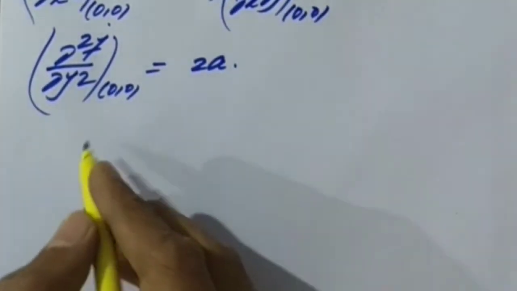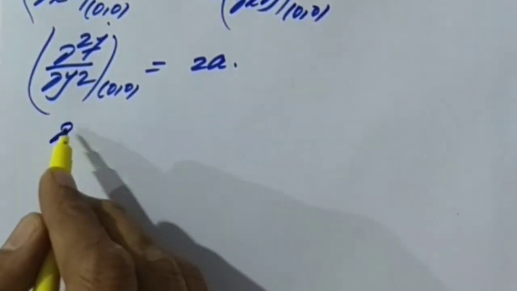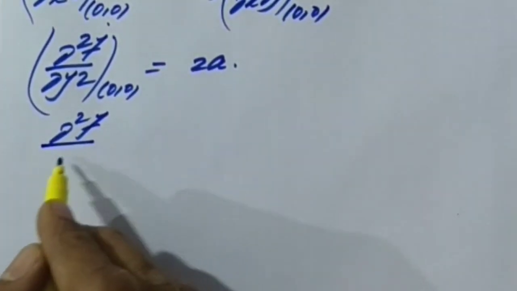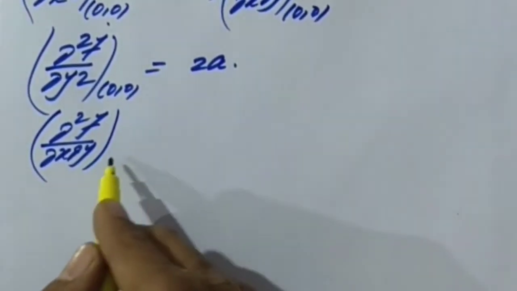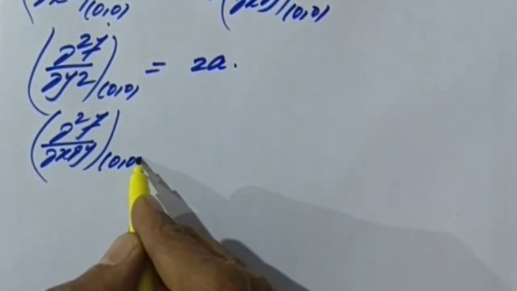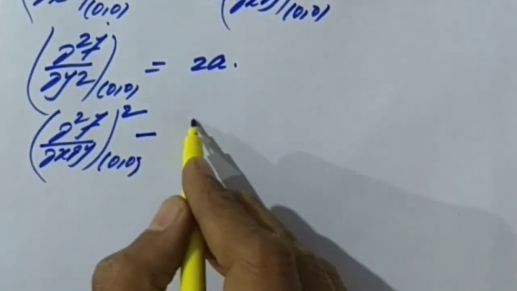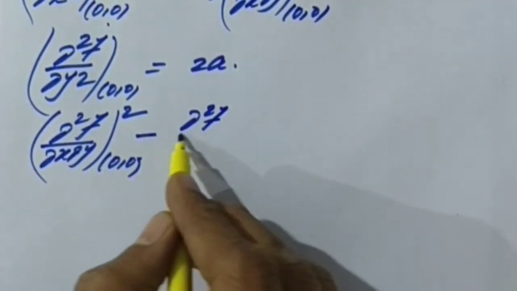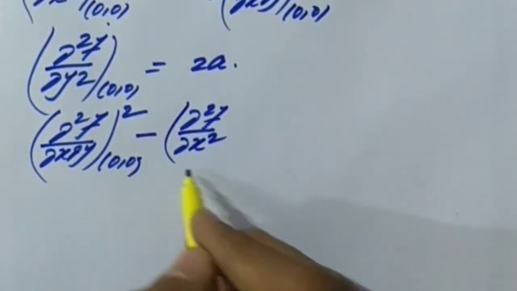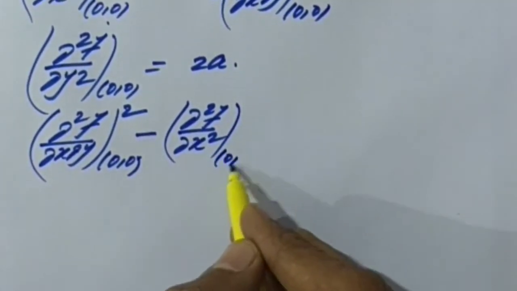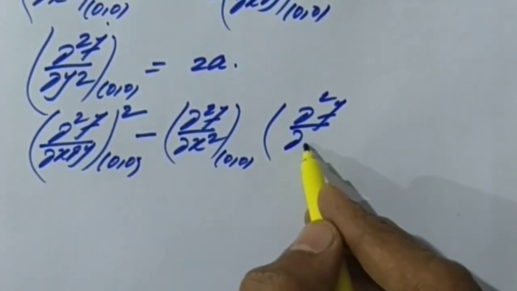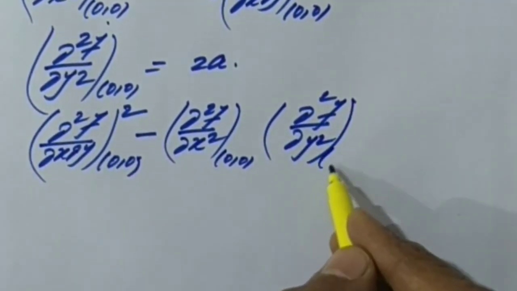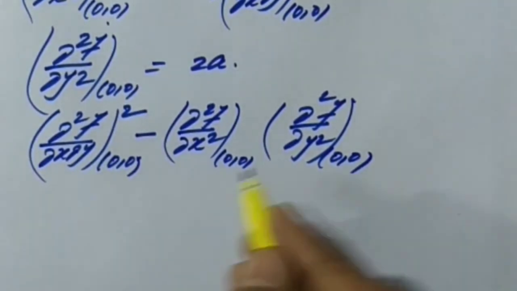So now we need to find the value of the expression (∂²f/∂x∂y at (0, 0)) whole square minus ∂²f/∂x² at (0, 0) into ∂²f/∂y² at (0, 0).